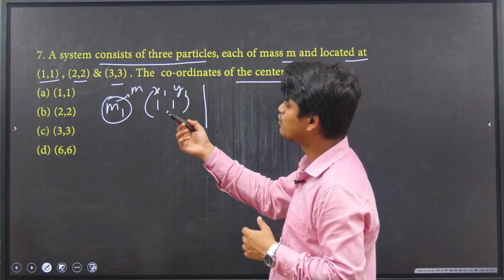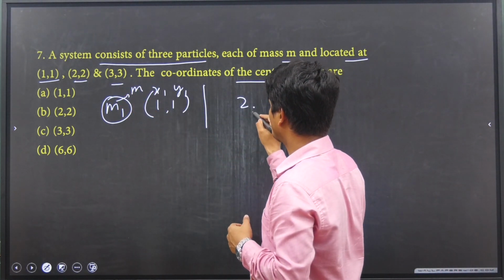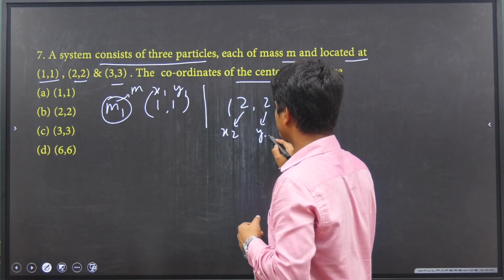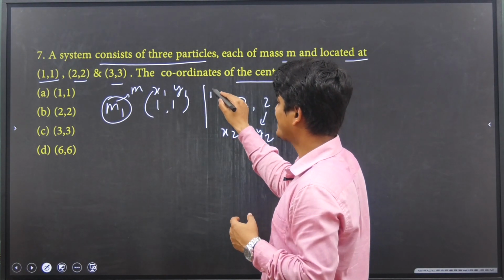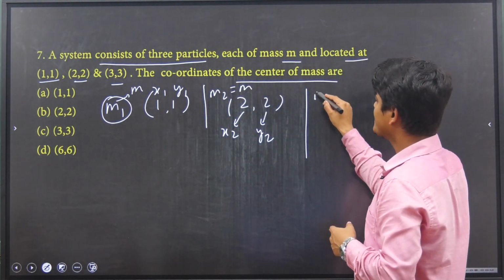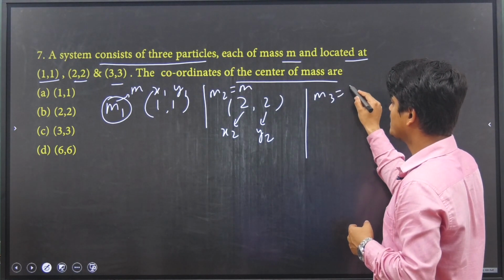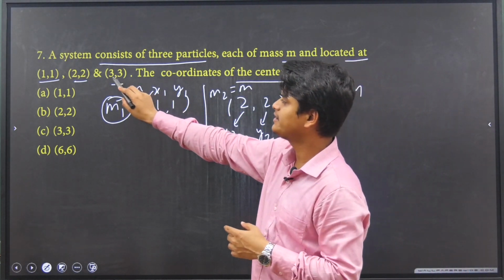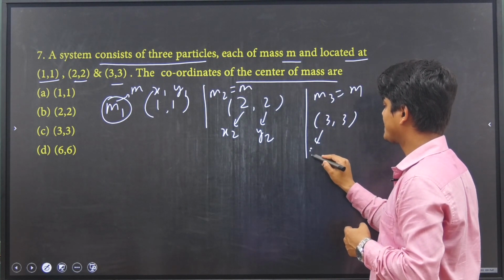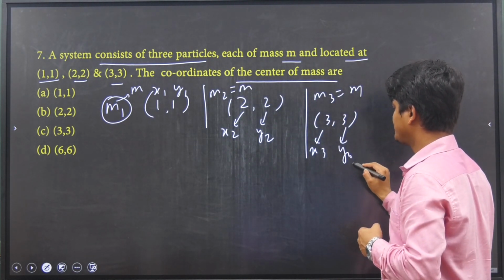Similarly for particle 2, (2,2), that means this will be x2 and this will be y2, and for m2 I will take the same mass m. Similarly for the third particle, mass m, coordinate (3,3), so this will be x3 and this will be y3.